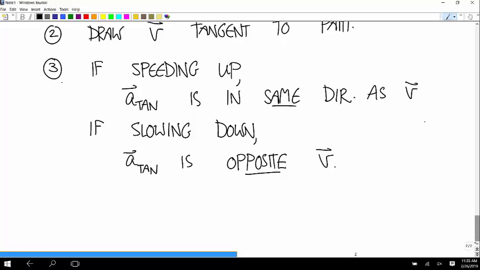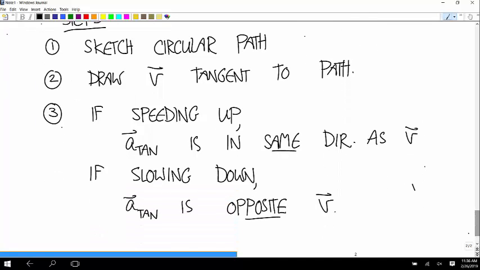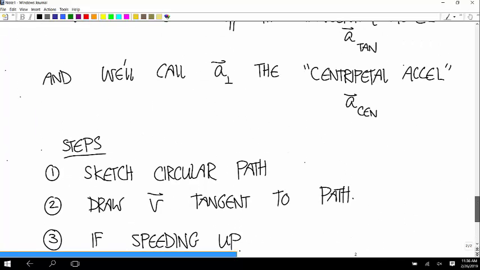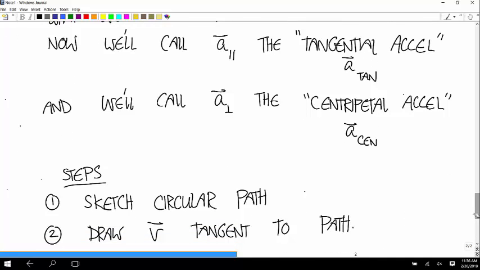If you go back to what we were saying, the parallel part of the acceleration is called the tangential if you're doing circular motion, and the perpendicular part is called the centripetal acceleration.